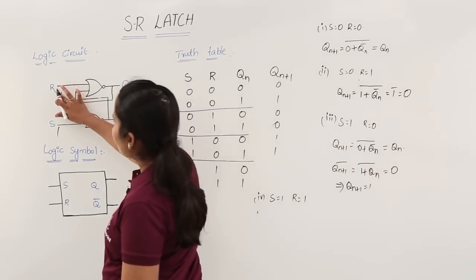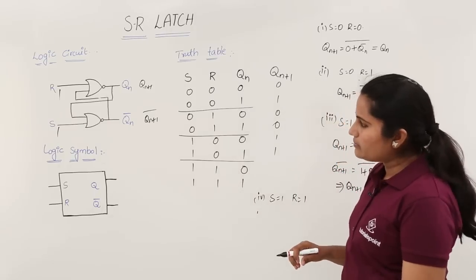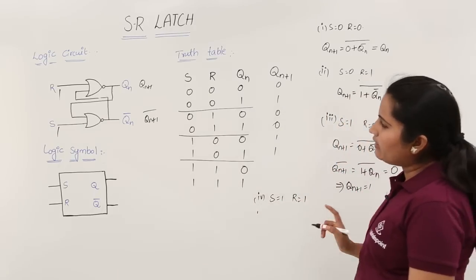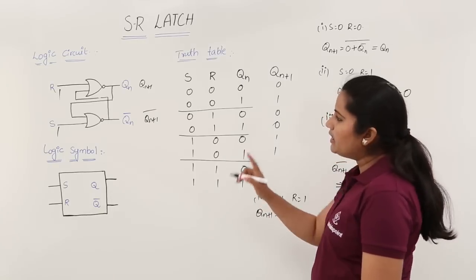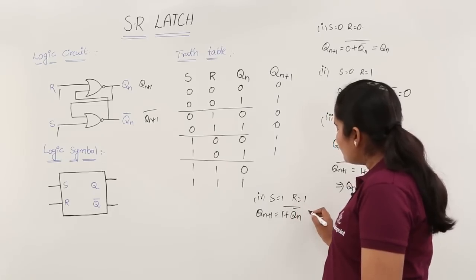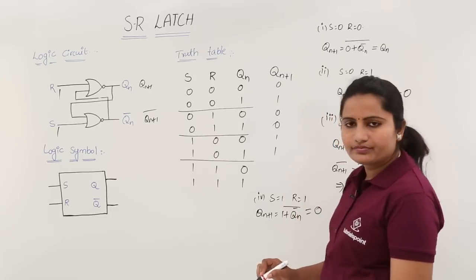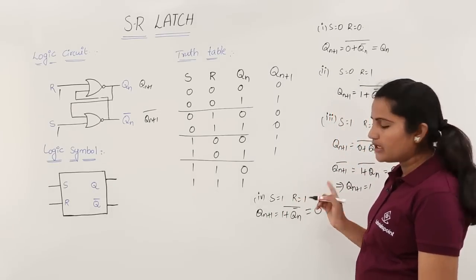So both are equivalent to 1. If both are equivalent to 1, what is the Qn plus 1 value? Definitely 1 plus Qn bar whole bar. So this is equivalent to 0. You know that 1 plus anything is equivalent to 1, and 1 bar is equivalent to 0.